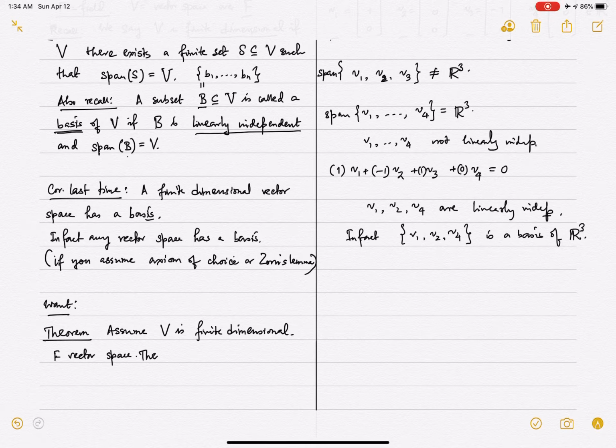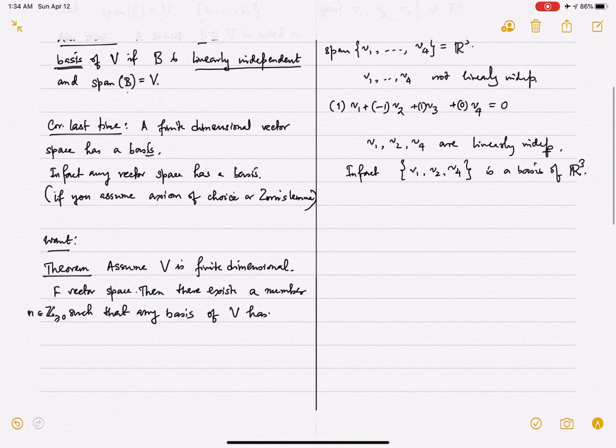Then there exists a number n such that any basis of V has n elements.